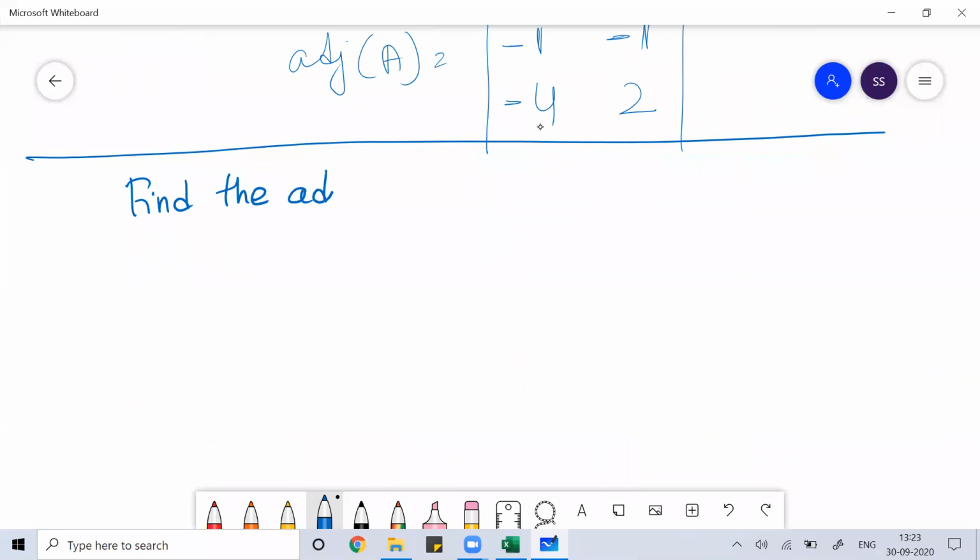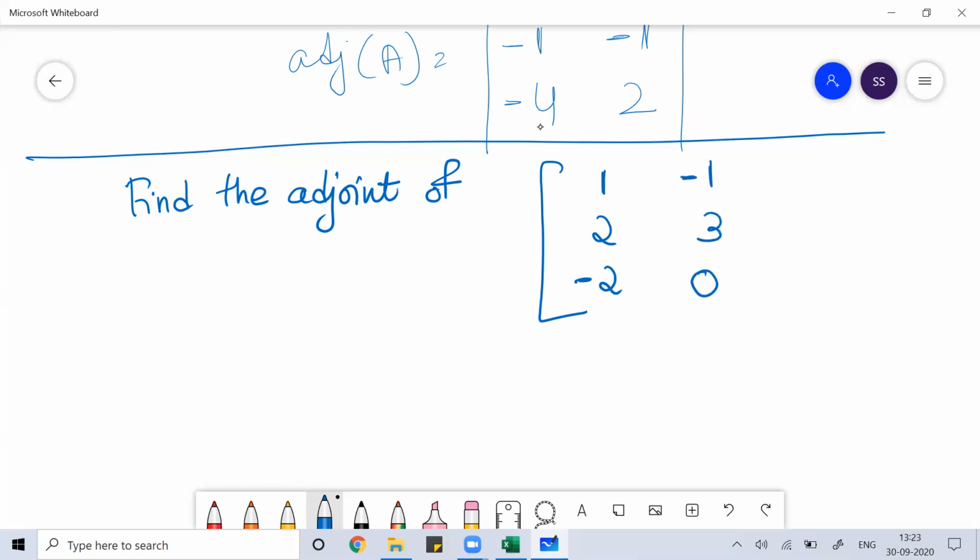Find the adjoint of 1, 2, -2, then -1, 0, then 2, 5, 1. Everyone do this question.